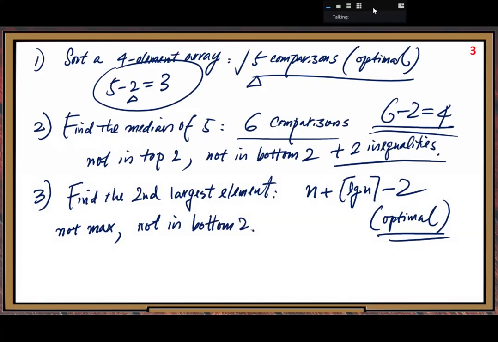Right? Then you need to select 10 elements, because of bottom 8, right? So we need to select 10 elements.